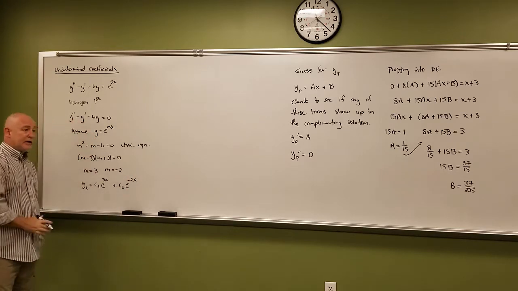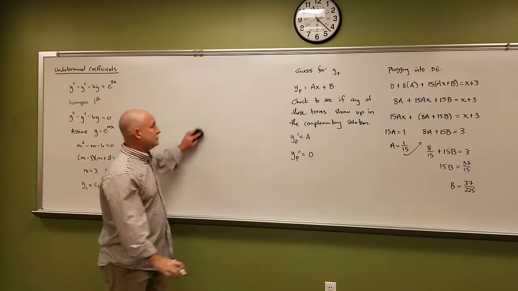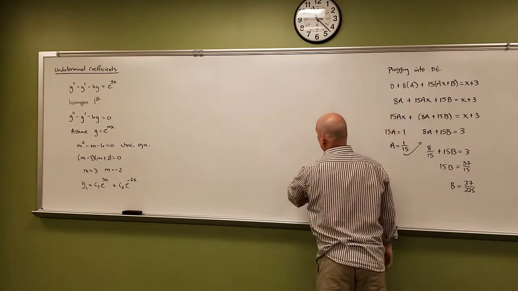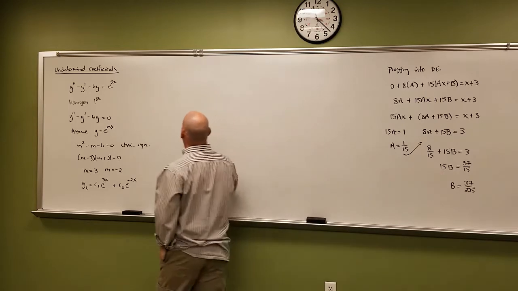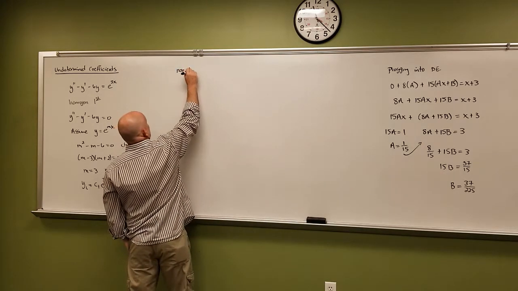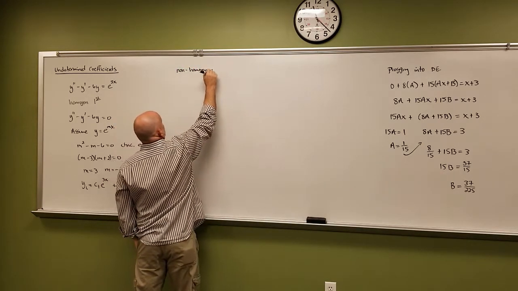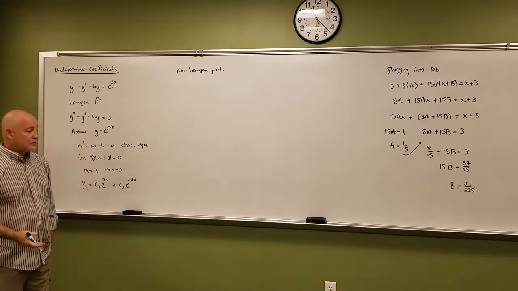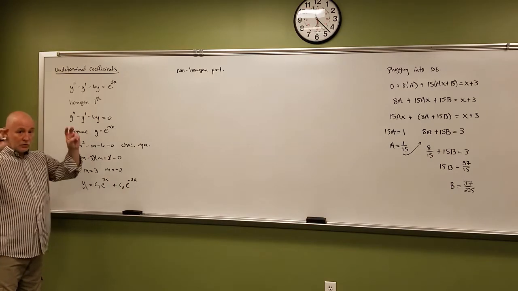Now we're going to put that to the side for a moment, and go after the non-homogeneous solution. We really like to use undetermined coefficients because it really is a quick and easy method.